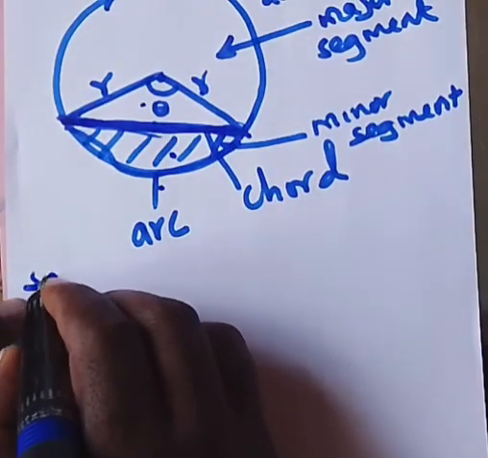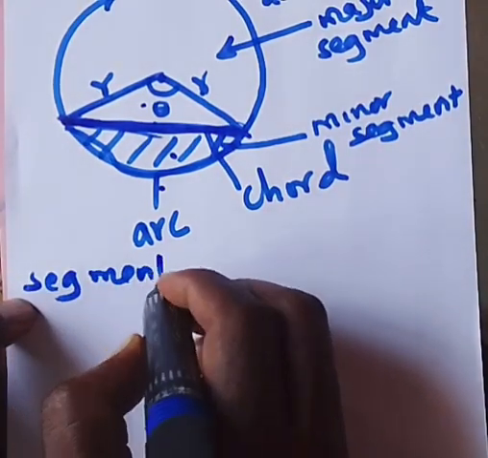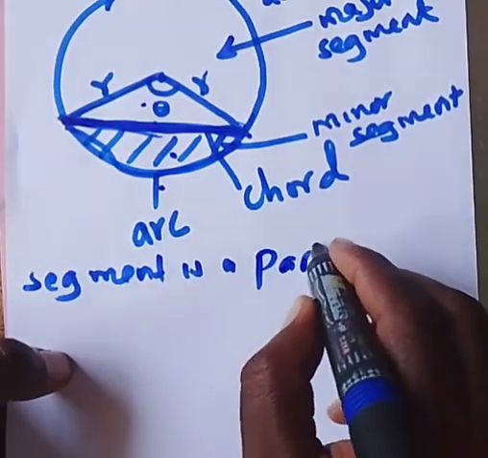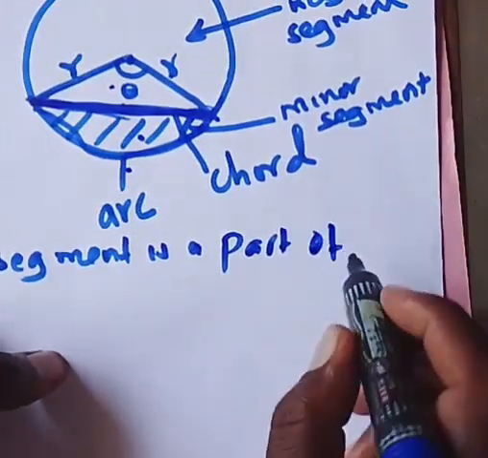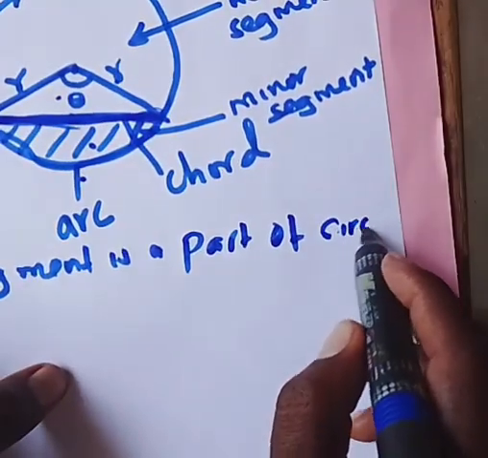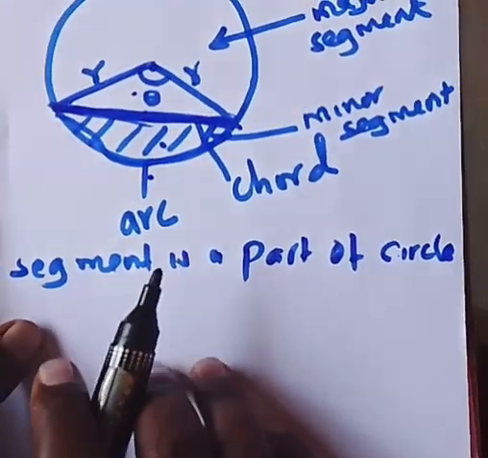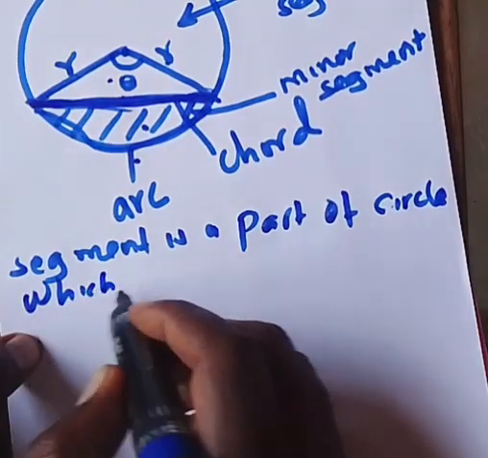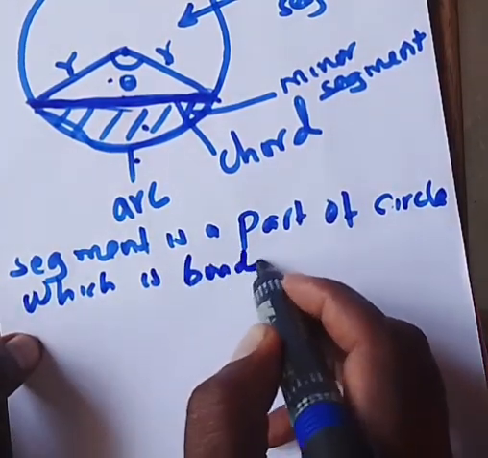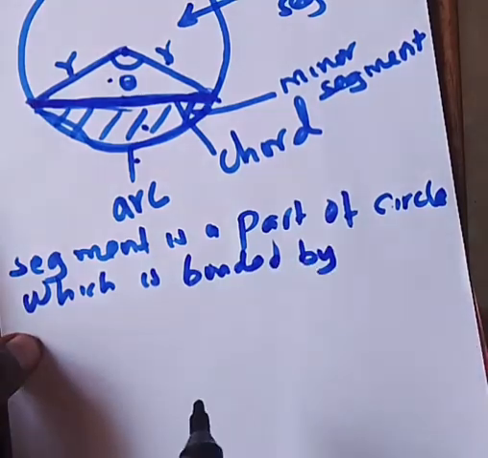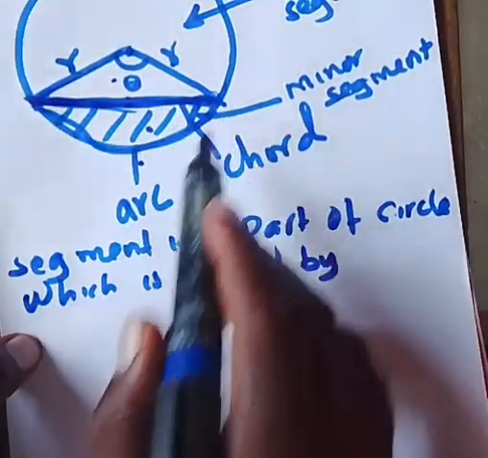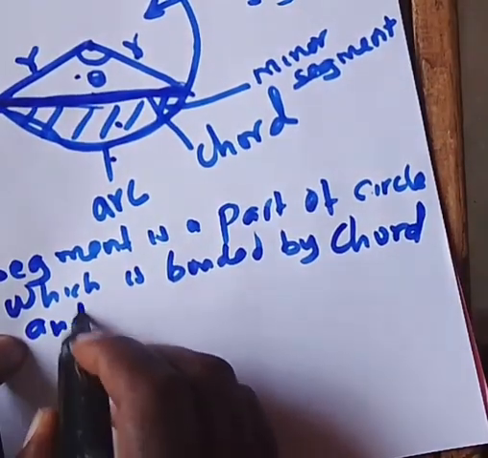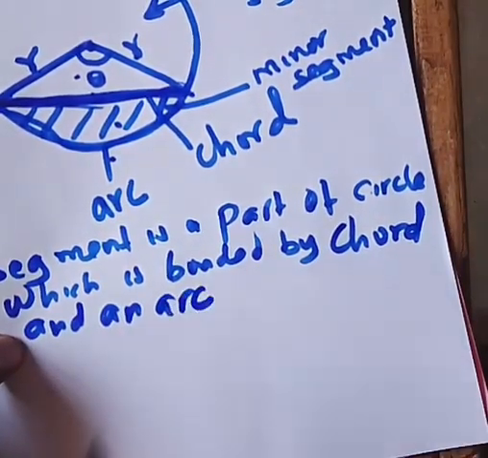And I'll say a segment is a part of a circle, which is bounded by a chord and an arc.